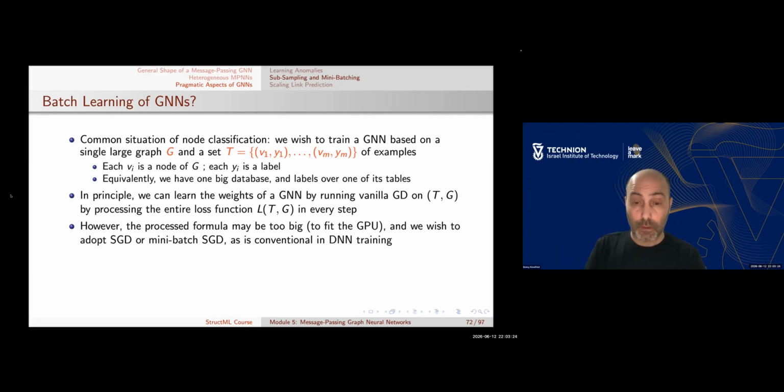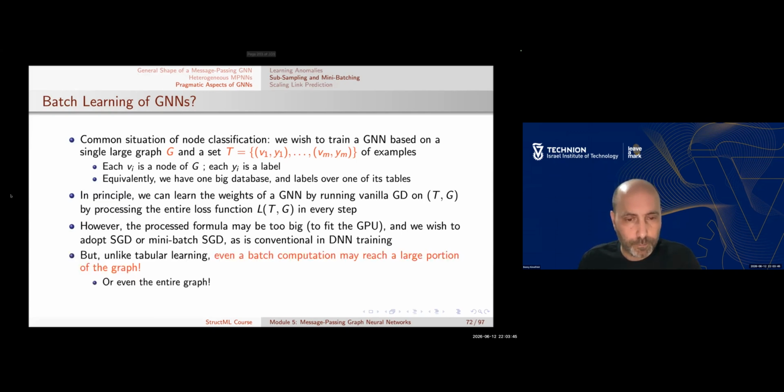And so we want to do what we did in the other models of deep neural networks, basically apply batching, mini batching, or stochastic gradient descent, and then with these mini batches, we can use whatever we want, gradient descent, or the Adam optimizer, or whatever.